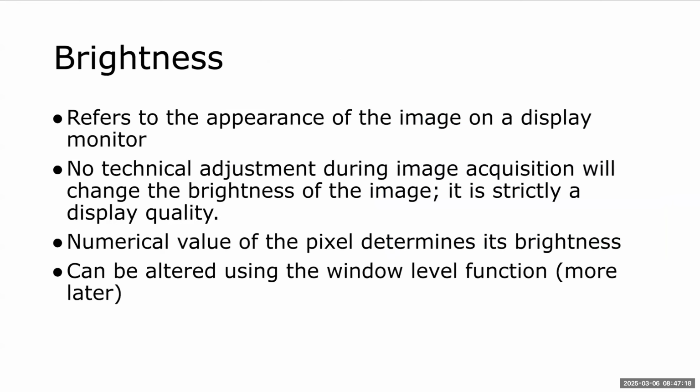Brightness just refers to the appearance of the image on the display monitor. When this second statement says no technical adjustment during image acquisition will change the brightness of the image, it's strictly a display quality. What that means is if we double our mAs from one image to another, we're not going to see that change in the brightness of the image because of the automatic rescaling function of the computer.